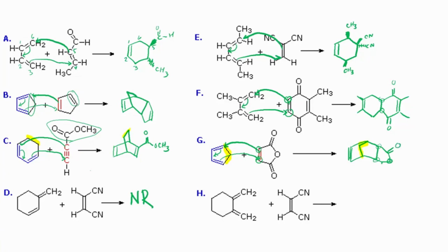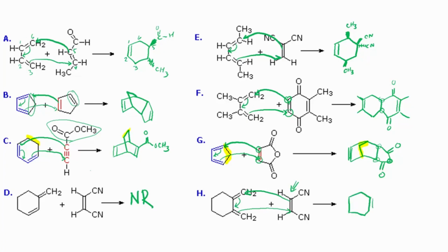Now for H, again, we have our diene. It is locked in an S-cis configuration, so it's susceptible. So I'm going to come after this carbon, drop a new pi bond, come after that carbon. Again, we're in a cis conformation for our dienophile as well. That means the stereochemistry of this is going to look something like this.